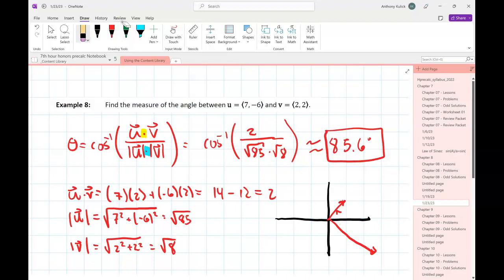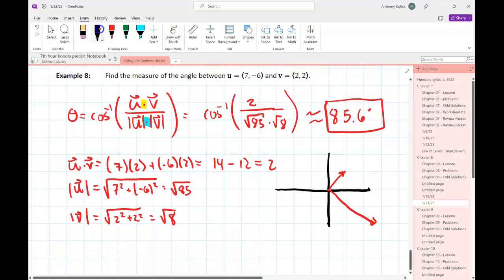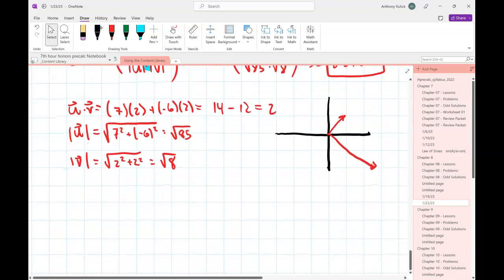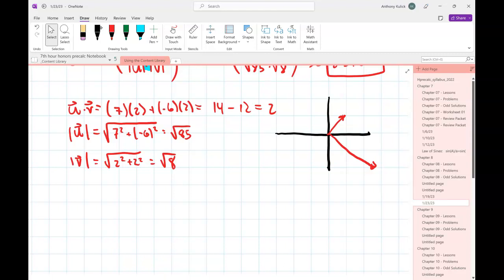Now, is that kind of check a perfect catch? No. But if you did something really wrong, you're going to catch it, and it just takes a second to do. So if you look at an answer and think, ooh, that doesn't seem reasonable to me, you can always draw the picture and double check real quick, right?